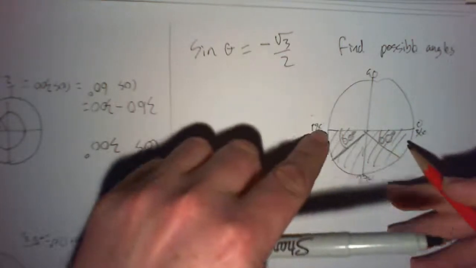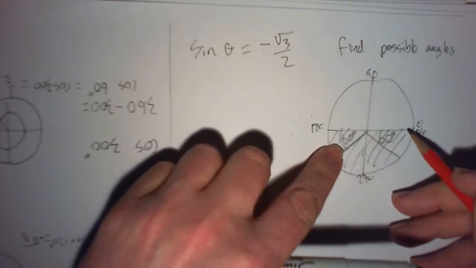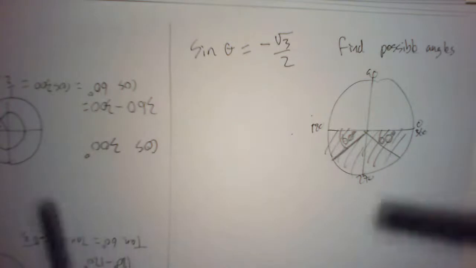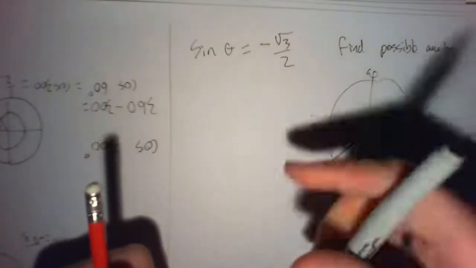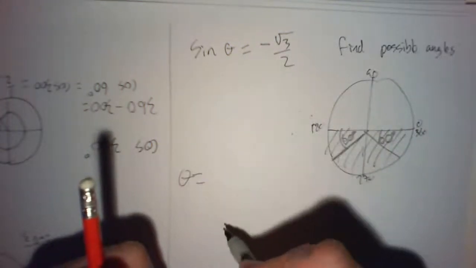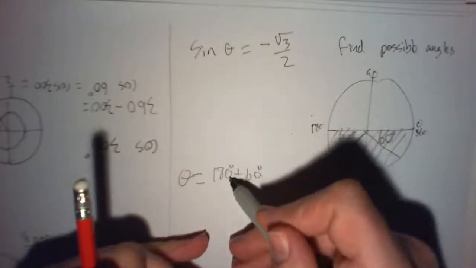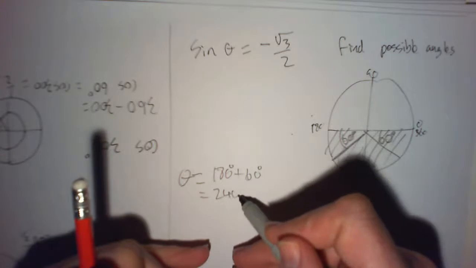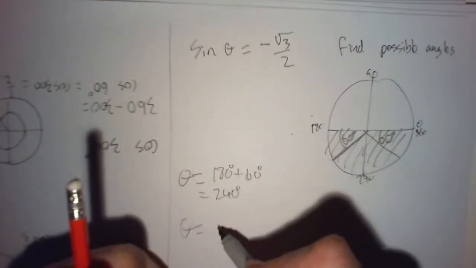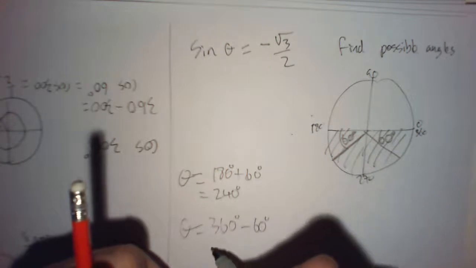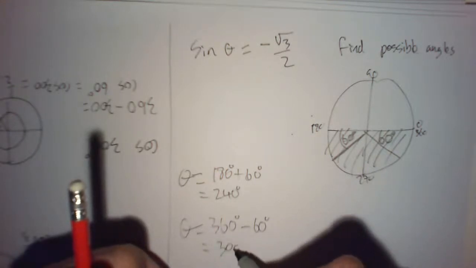Okay, so that's going to be 180 plus 60, and that's going to be 360 minus 60. So the angle could be 180 plus 60 degrees, which is 240, or the angle could be 360 minus 60, which is 300.